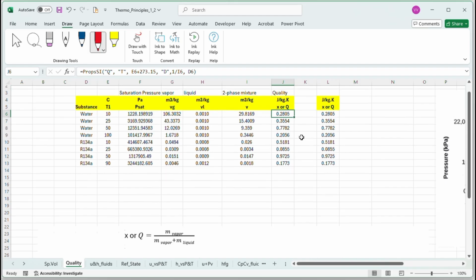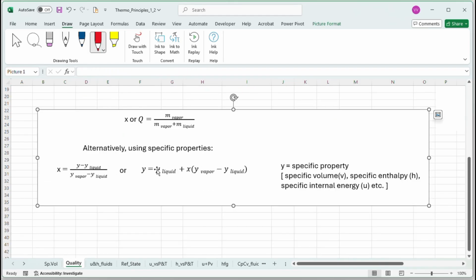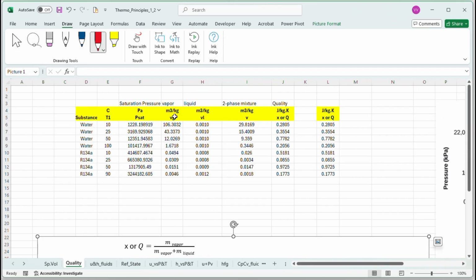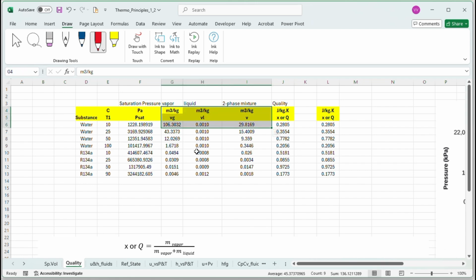You can also calculate it based on the equation I just told you about. Use this particular equation, x equals the relationship between specific properties, and in this case we will use the specific volume relationship, okay? In our case, y is specific volume.